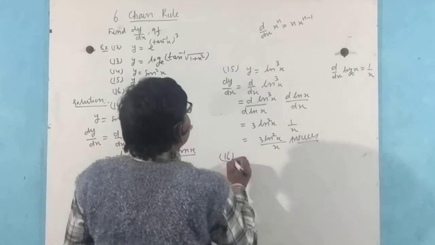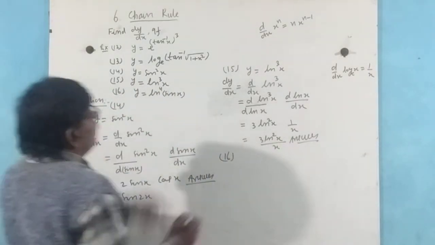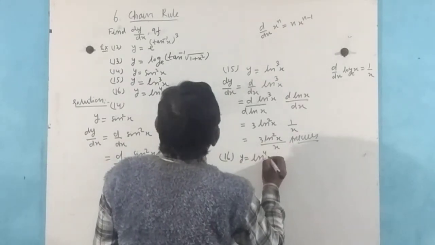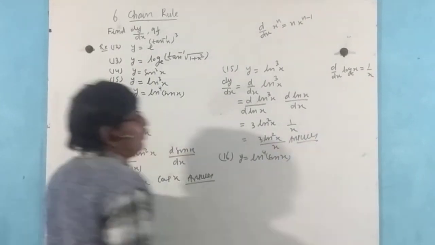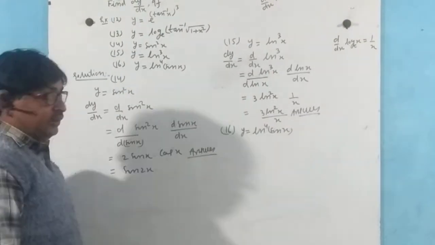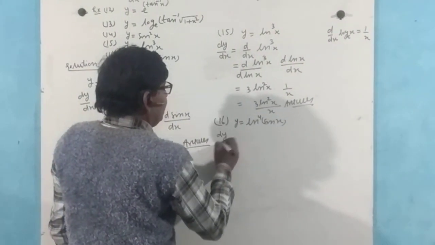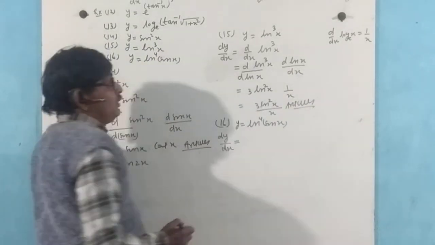Now question number 16. Here y equal to ln x to the power 4 into sin x. Differentiating with respect to x, dy by dx equal to d by dx of (ln sin x) to the power 4.